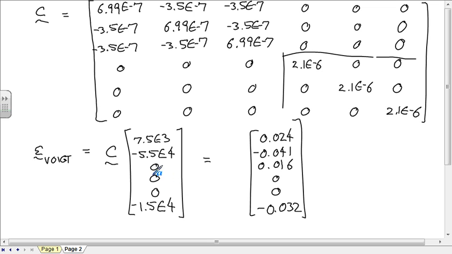So the only thing that can produce a YZ strain is a YZ stress. The only thing that can produce an XZ strain is an XZ stress. Okay, and so on.